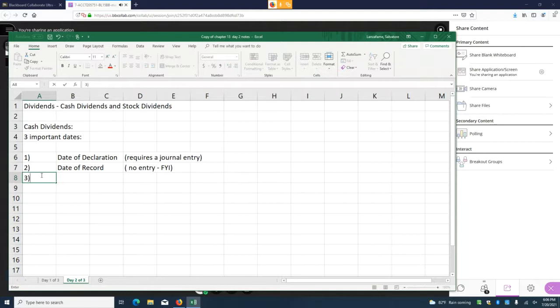And then the third one is the date of payment. And this requires a journal entry. So date of declaration, date of record, date of payment.